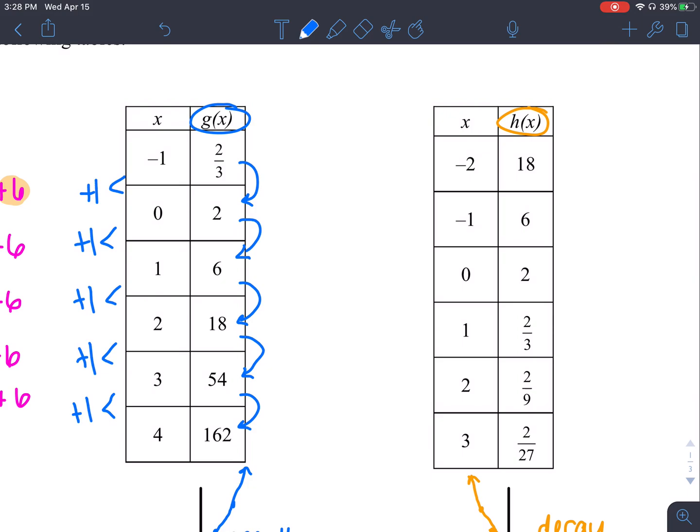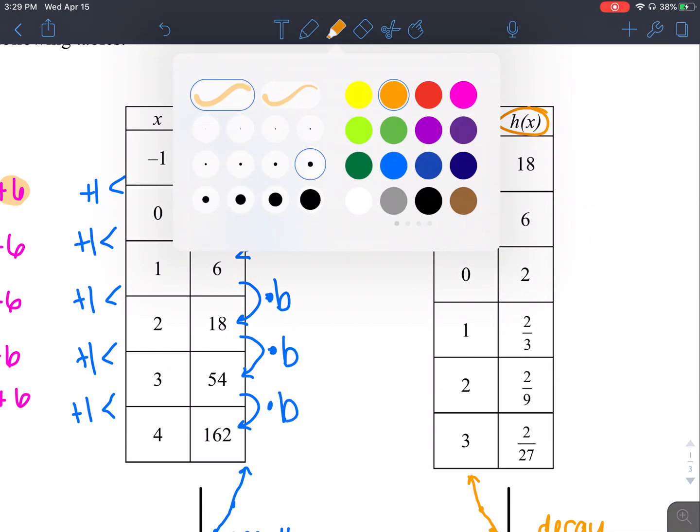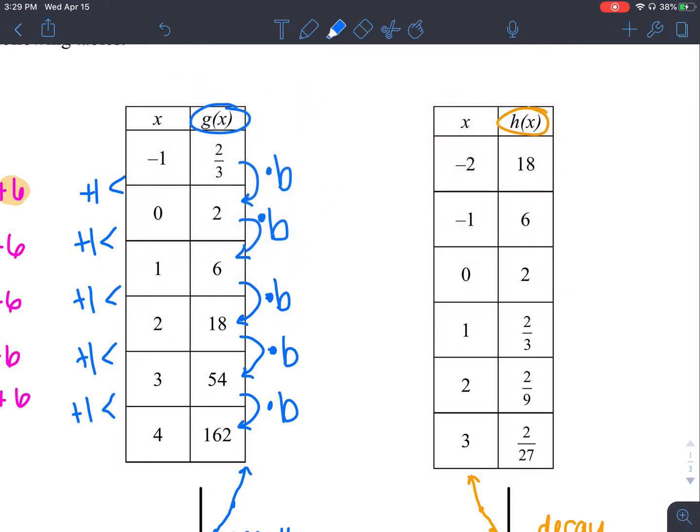I want to show you two strategies that you can use. That number is going to be your base, so I'm going to abbreviate it as b. I'm going to put a little multiplication sign because exponentials will always have what you're multiplying by. Then I can technically choose any two consecutive numbers I'd like, so I'm going to use 6 and 18.